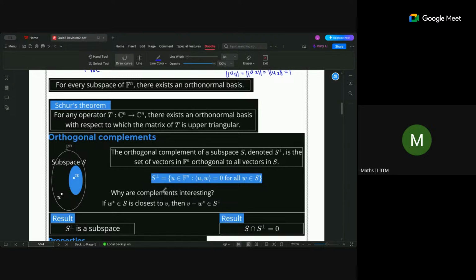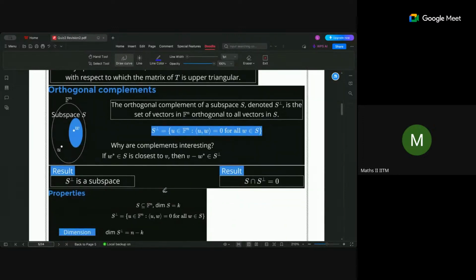Okay, fine. So now what is the important property about orthogonal complement we will be using? S perp is a subspace, and the intersection of S and S perp is always 0. Only the 0 vector can be there in the intersection. Okay, because why is that so?